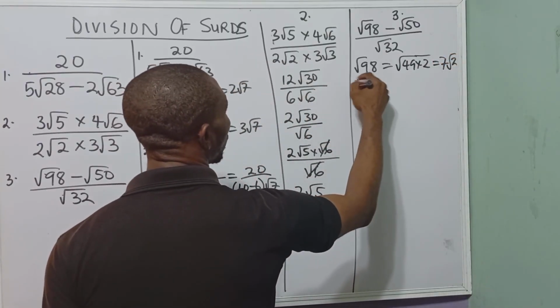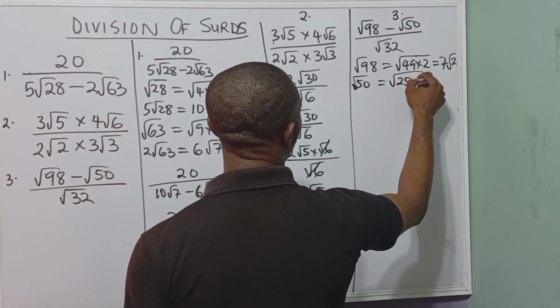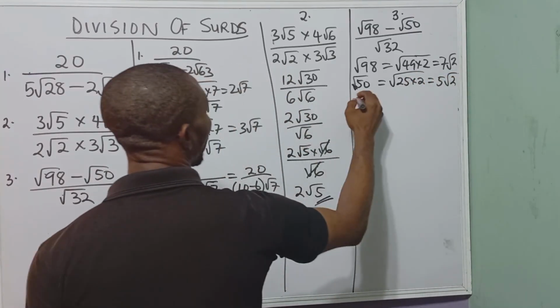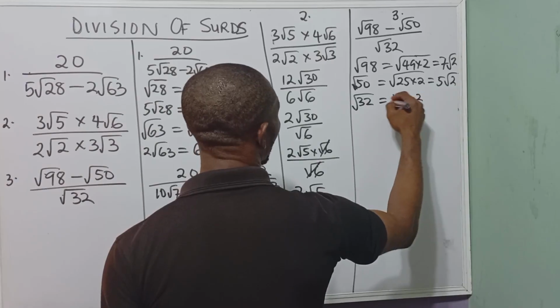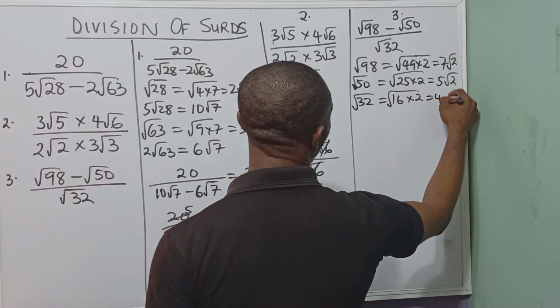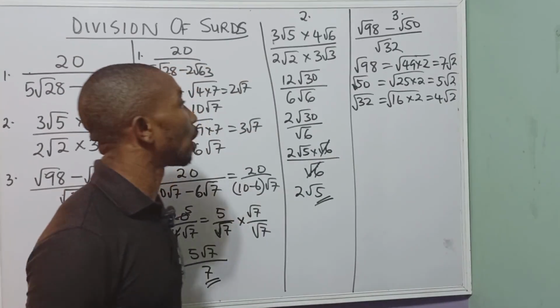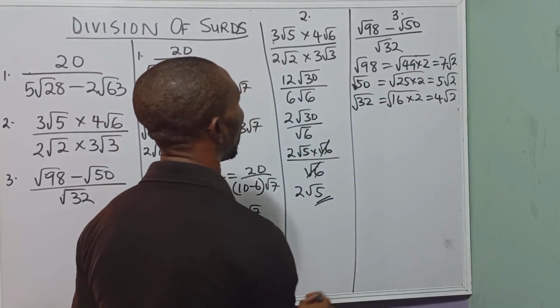And root 50 would give us 25 times 2, which gives us 5 root 2, and 32 will give us 16 times 2, which gives us 4 root 2.